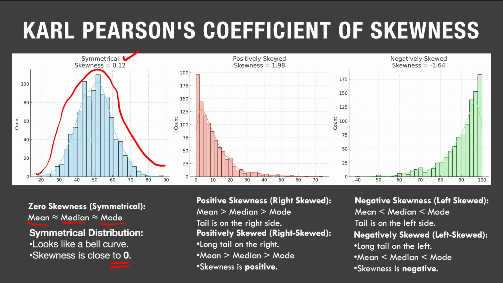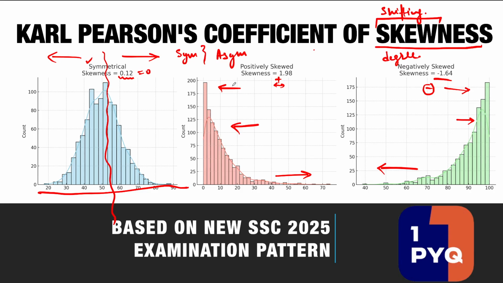Further, talking about positively skewed graphs, they are basically called right side skewed. When I say right side skewed, that means the tail is on the right hand side. I also talked about shifting on the first slide, that the graph would look as if it has shifted to the left hand side.